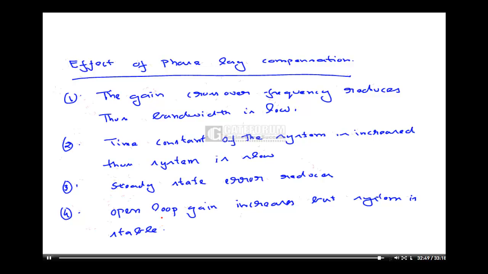These were the effects of the phase lag compensation. Okay. So this can also come as a 1 mark question in the GATE exam. Okay. So this completes the topic of compensation, the phase lead, phase lag, and phase lead and lag compensation. Now the effect of phase lead and phase lag compensation are nothing but clubbing these two effects. It comes in overall the trade-off between these two.